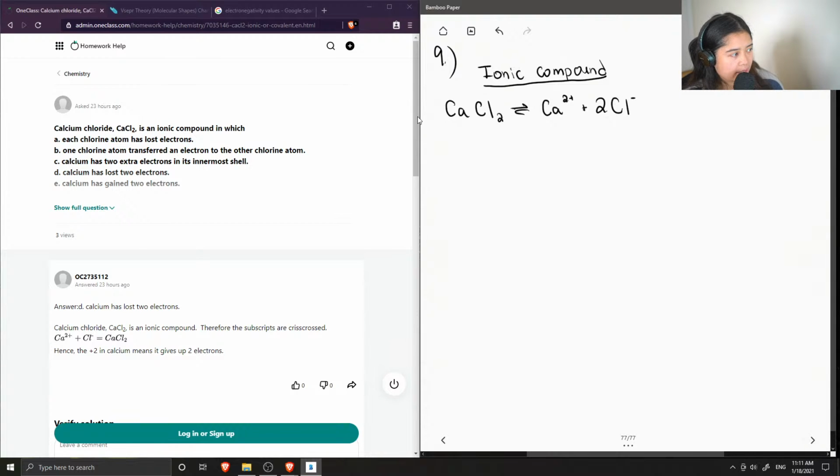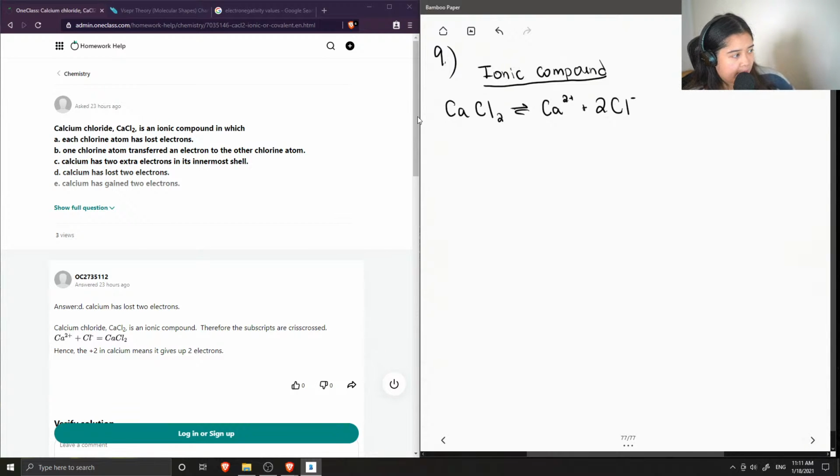C, calcium has 2 extra electrons in its innermost shell. So we know that's not correct because calcium should have the 2 extra electrons in its outermost shell. So C is incorrect as well.